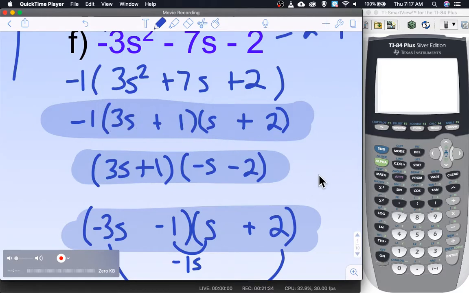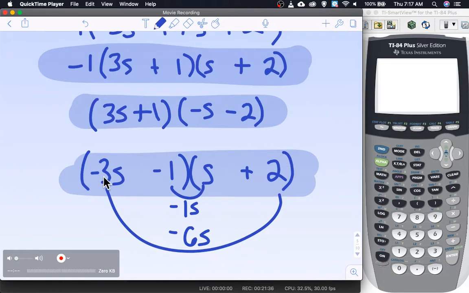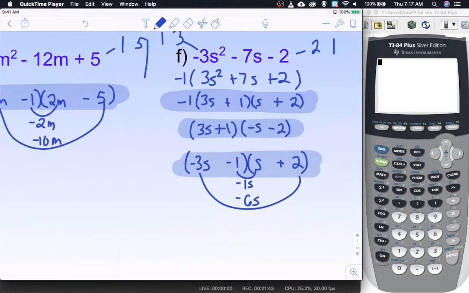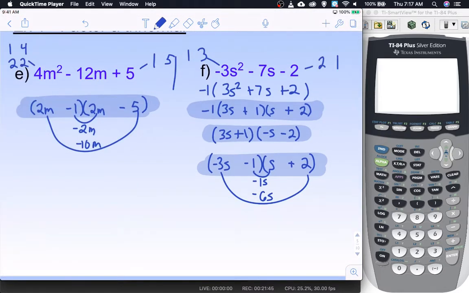You don't have to worry about this trickiness of negative 3 and positive 2 to make a negative 6. So I'm throwing it out there. I know this is the second problem like this we've seen, and I didn't talk about the first one, but I wanted to show you how you would do the problem normally. And I wanted to show you how you could do the problem trickier is not the right word. Smarter, maybe? I don't know.